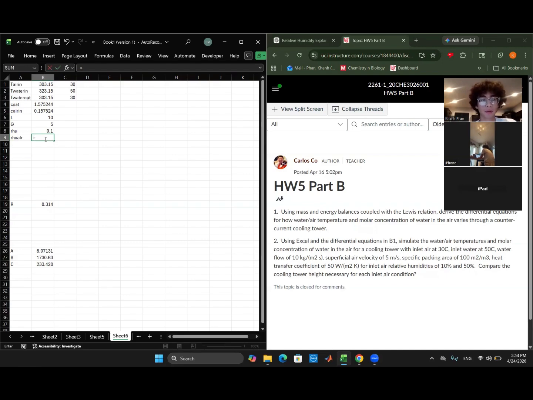Let's say rho air. Density of air is equal to the saturation pressure times the molar mass of air, 0.029, and then we're gonna divide it by R times T air in.